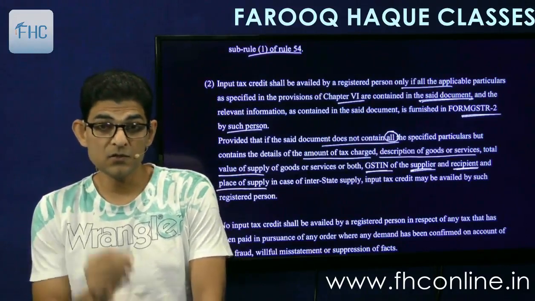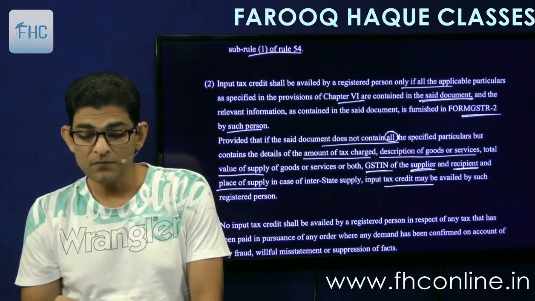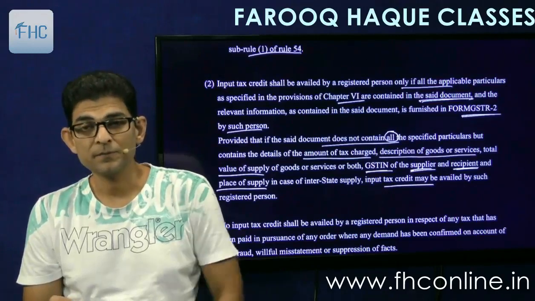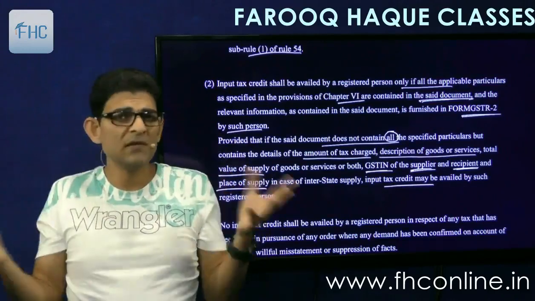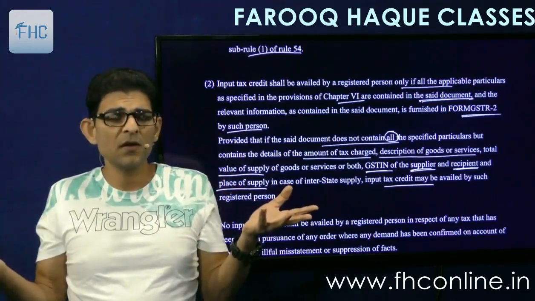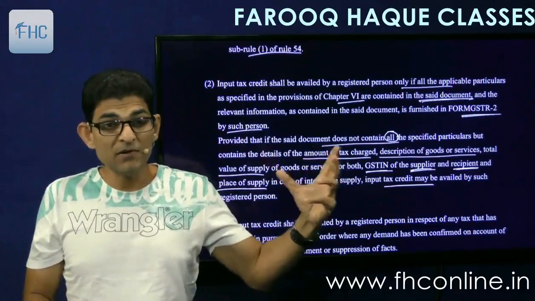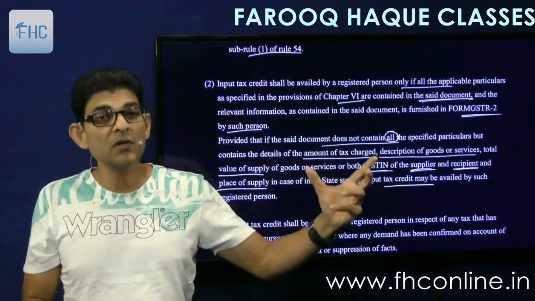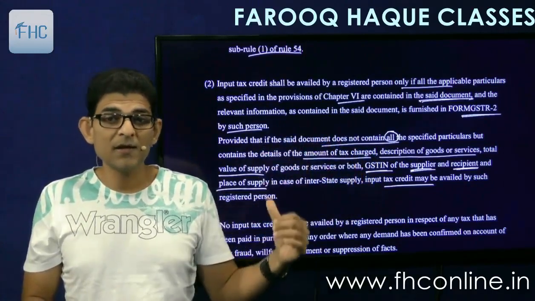If it is interstate, then it should also mention the place of supply. Then input tax credit may be availed by such registered person. So invoice has to contain, say, 10-15 different types of information. Even if some is missing, but these are considered as the relevant, important information. If these things are there in the invoice, credit will be allowed.